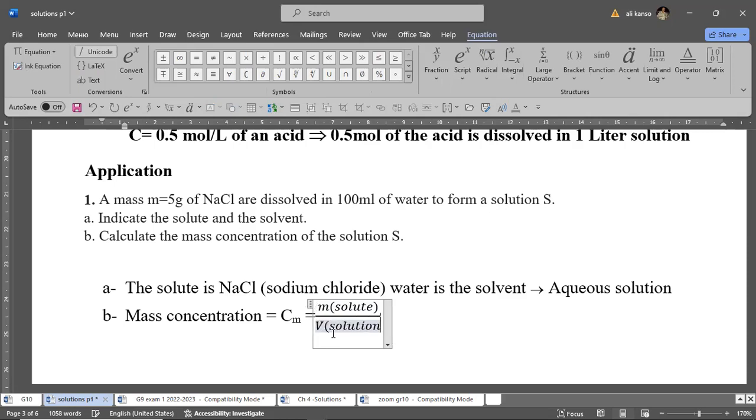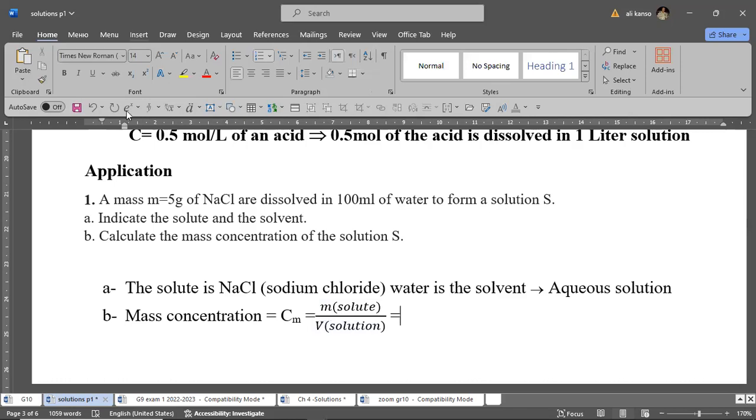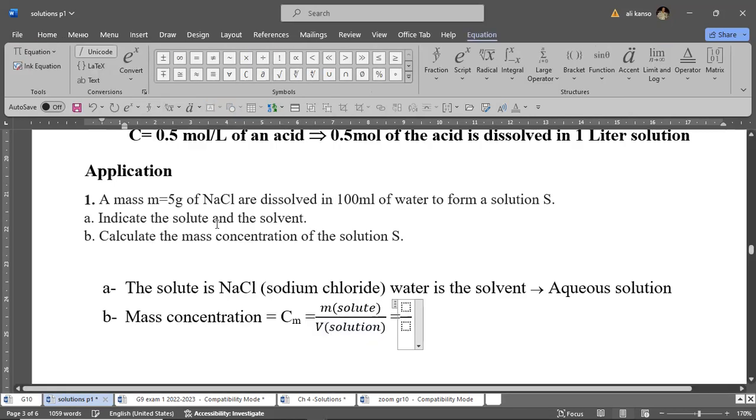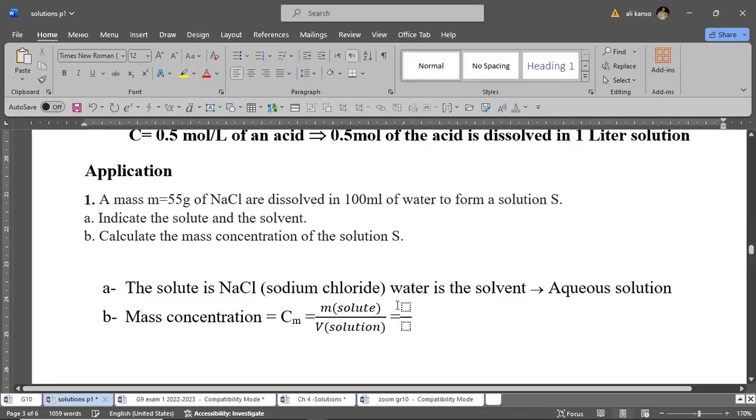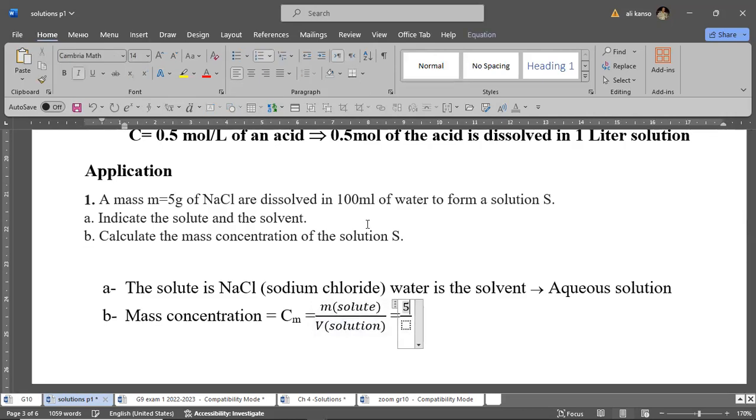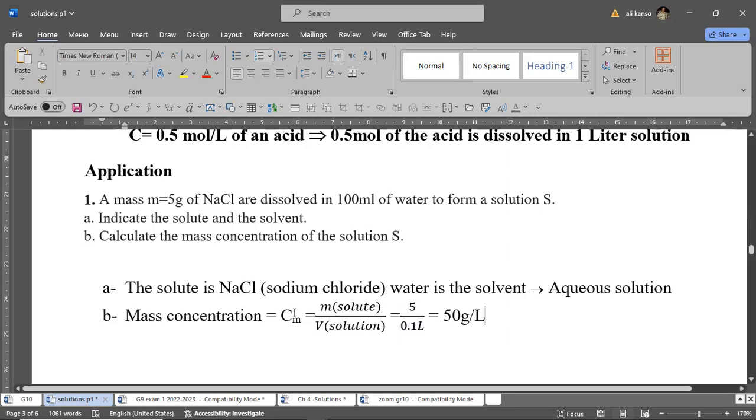The mass must be in grams. The mass of the solute is 5 grams, and the volume of the solution is 100 milliliters. We have to change it into liters. If we divide 5 by 0.1, we get 50 grams per liter, which is the mass concentration.